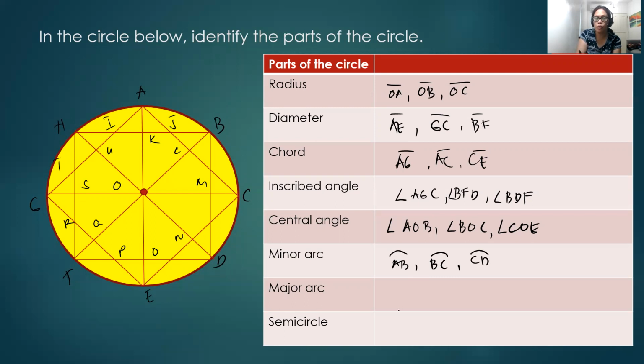A major arc, on the other hand, is any continuous part of the circumference of the circle intercepted by a central angle measuring greater than 180. So we have arc ACF, arc BEH, and arc BFH.